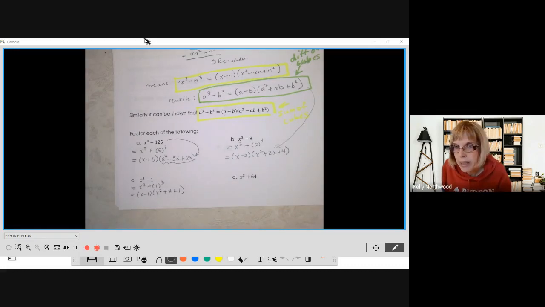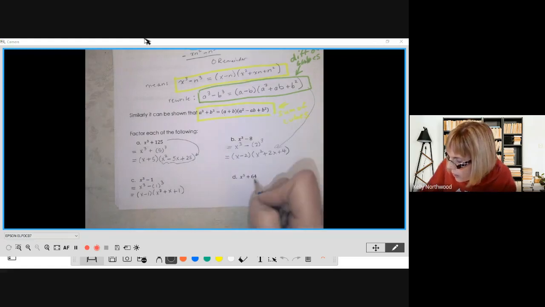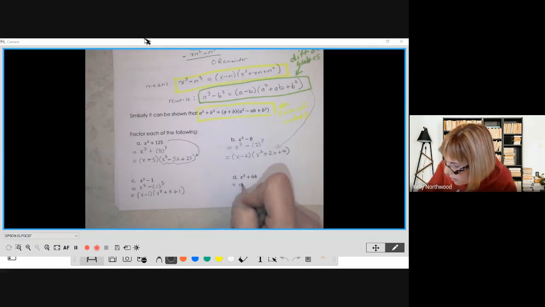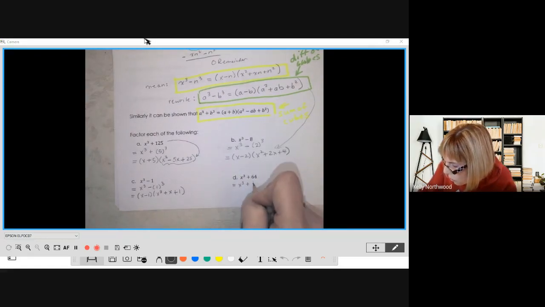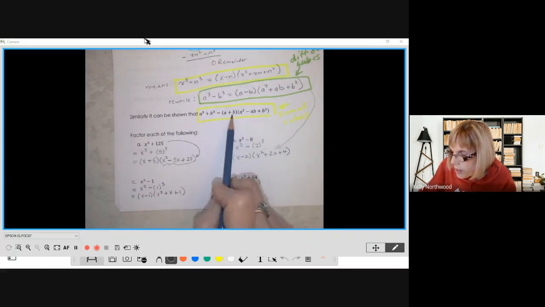And x cubed plus 64 is a sum of cubes because 64 is 4 cubed. So it's going to follow the sum.